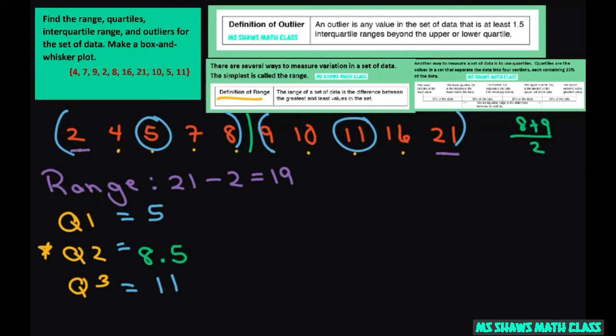The interquartile range is quartile 3 minus quartile 1. So it's going to be 11 minus 5 equals 6.